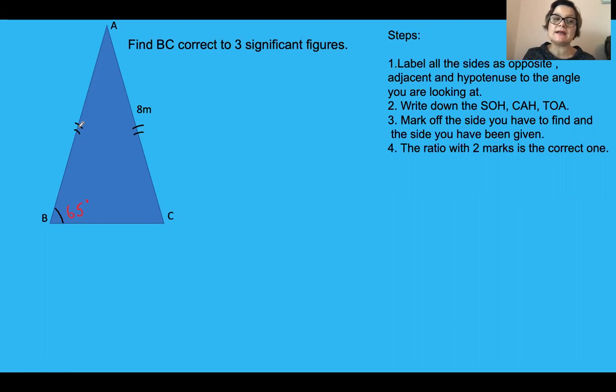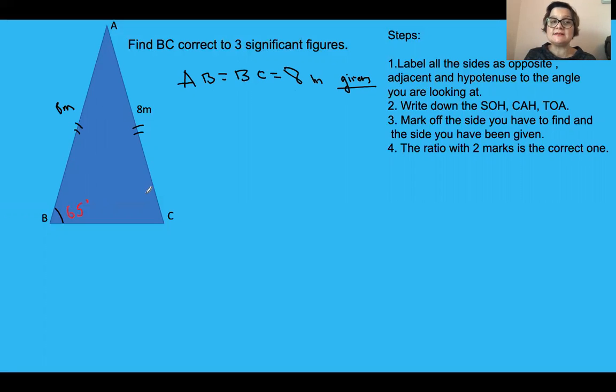This marking means that AB equals AC equals 8 meters. It is given in the problem, so you can write the word given. It's important, that means you understand the picture of the problem. This is the reasoning why the two are equal, both 8 meters.